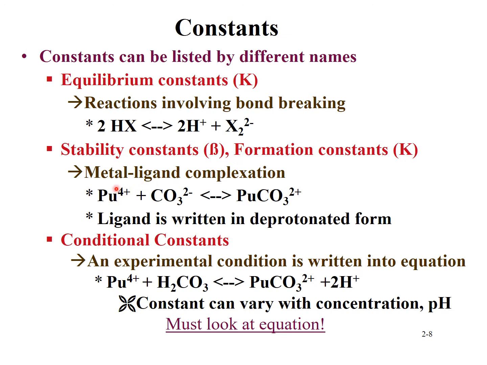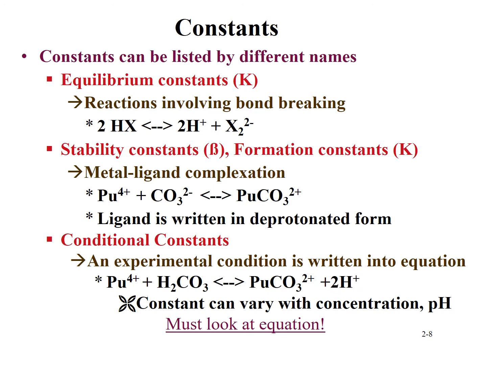Imagine we have plutonium with carbonate going to plutonium carbonate. Again, the complexation constant for this would be the concentration of the plutonium carbonate divided by the concentration of plutonium-4 times the concentration of carbonate. This same reaction can be written as a conditional constant below here, where we have the plutonium-4 plus the protonated carbonic acid going to the plutonium carbonate plus protons.